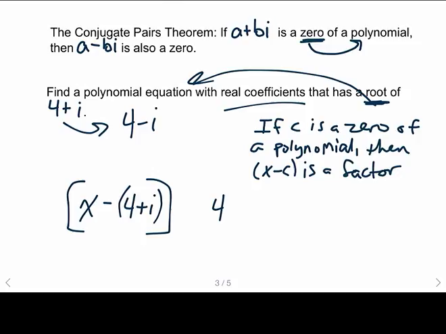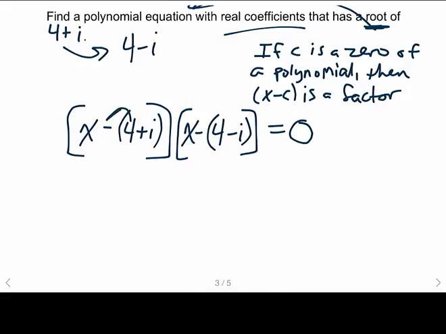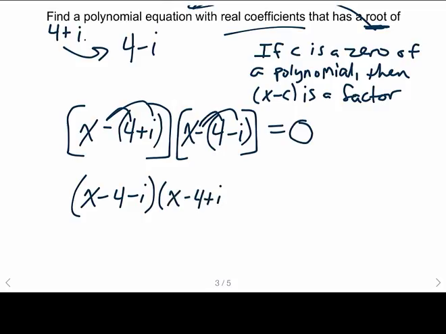Likewise, if 4 minus i is a zero, then x minus (4 minus i) is a factor. We were told to find a polynomial equation, therefore I'm going to set this equal to 0, and now it is an equation. If we distribute the negative inside the square brackets, then we end up with factors of x minus 4 minus i times x minus 4 plus i, and that equals 0.